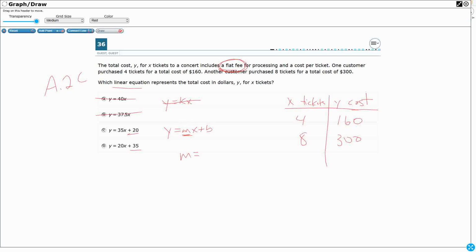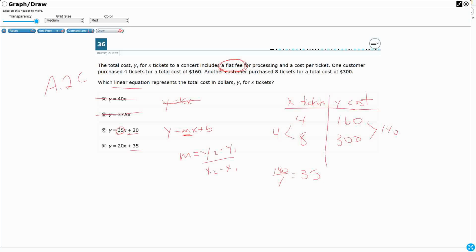Our slope is going to be the change in y over the change in x. So we've got a difference of 140, a difference of 4. So that's going to be 140 over 4, and that's going to be 70 over 2. That's going to equal 35. Okay, so $35 per ticket.